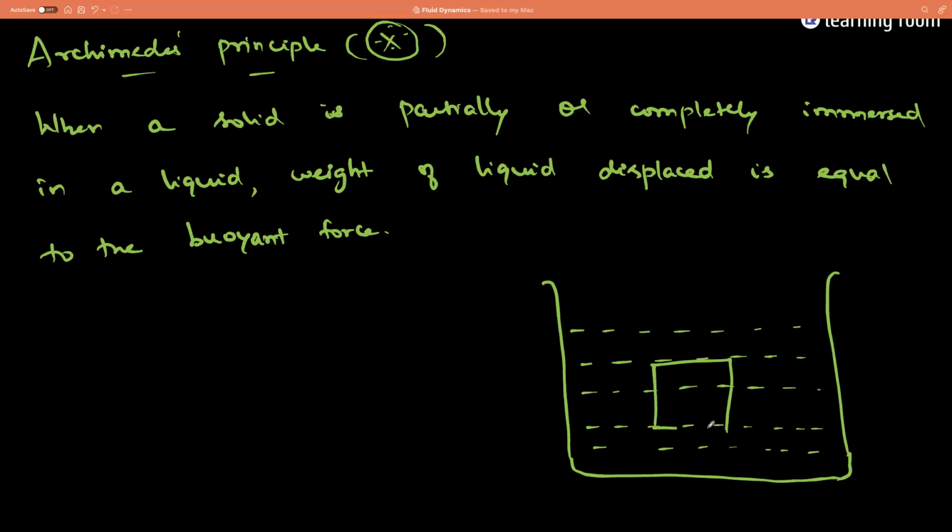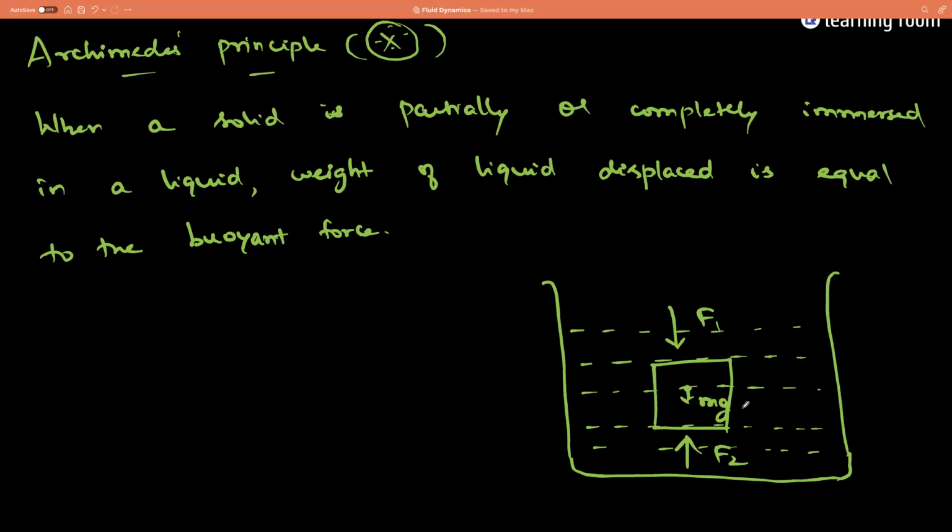Let us say there is a solid that is completely immersed into the liquid. Let's say there is a force acting from the top as F1, and a force from the bottom, which is F2, and there is weight acting, which is mg.